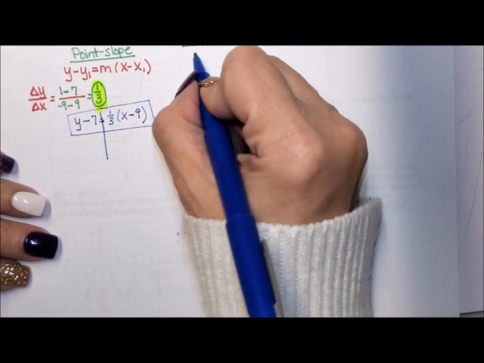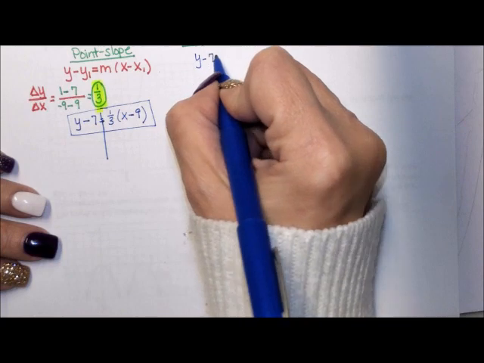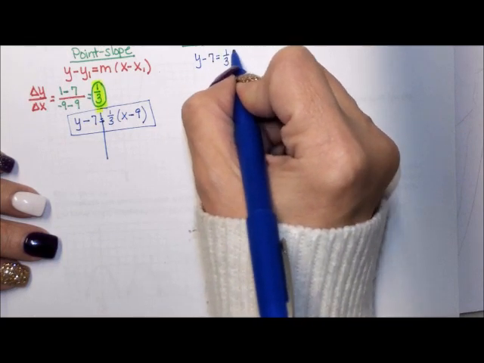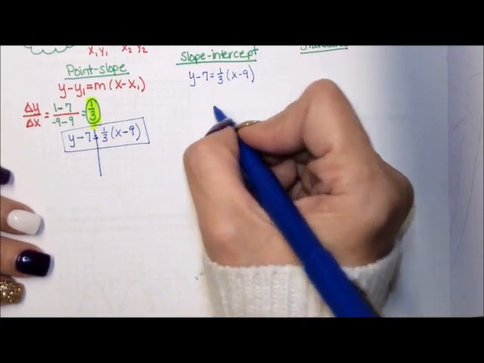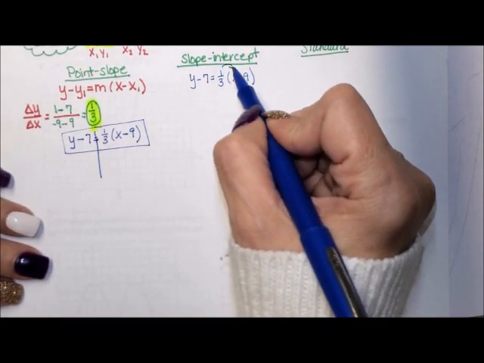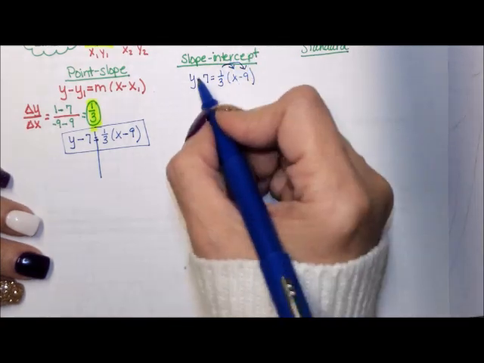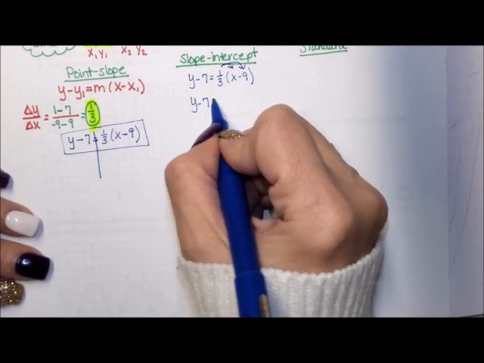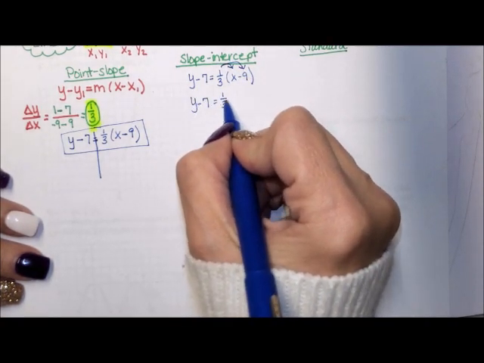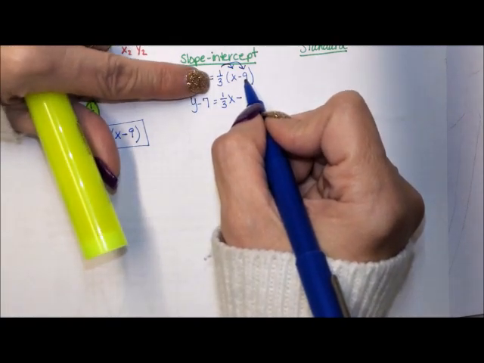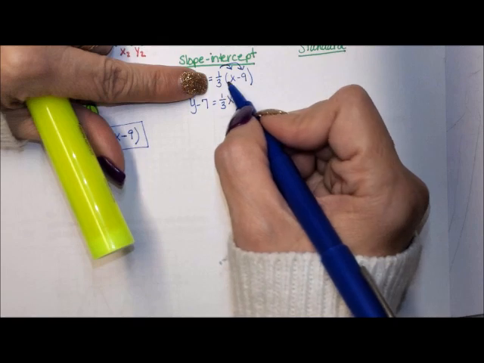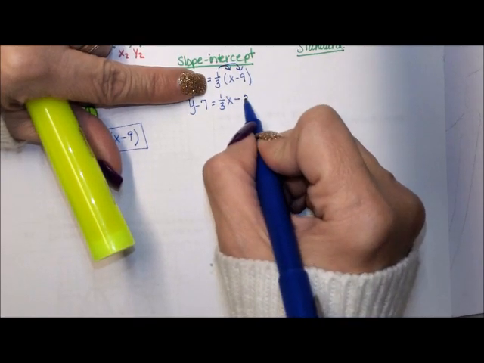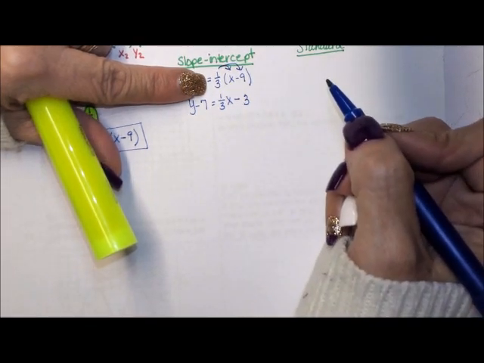I'm going to come over here and I'm going to do slope intercept. Y minus 7 equals 1/3 times x minus 9. In order to get to slope intercept, I've got to simplify this. I need a hippity-hoppity distributive property. So y minus 7 equals 1/3 x minus 9 times 1/3. Working in your calculator, negative 9 times 1/3, you're going to discover that it's negative 3.